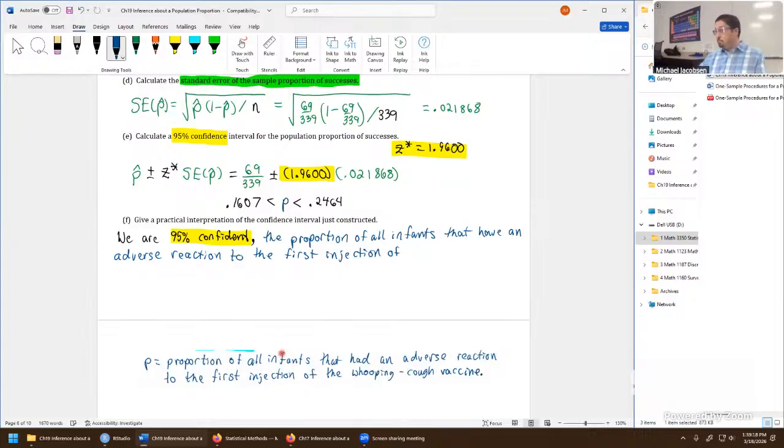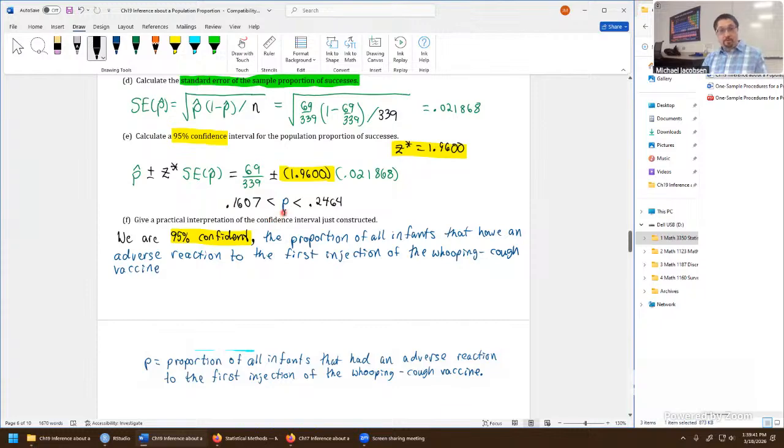It's okay to paraphrase it a little bit. We're specific on what we're talking about, the whooping cough vaccine. But I'll be specific again and just write it out. Of the whooping cough vaccine. Okay, so we're 95% confident.